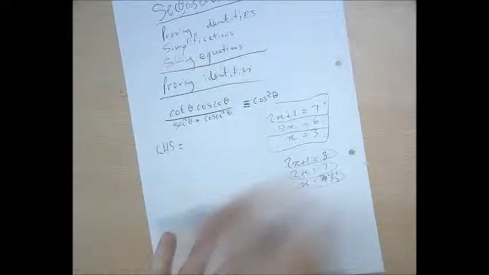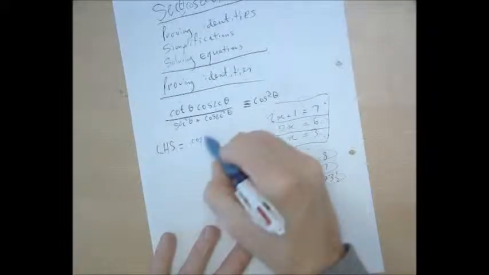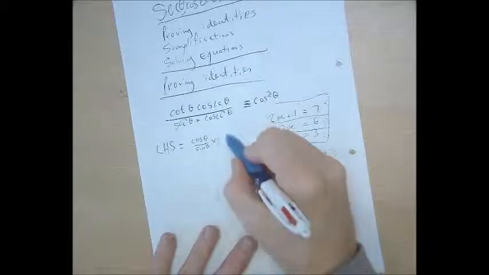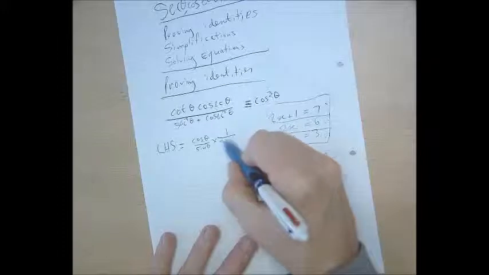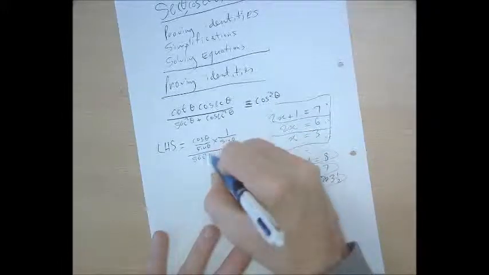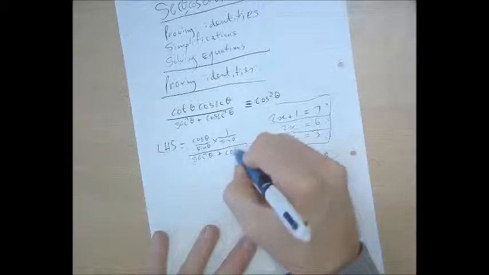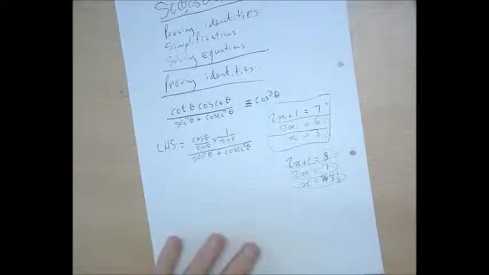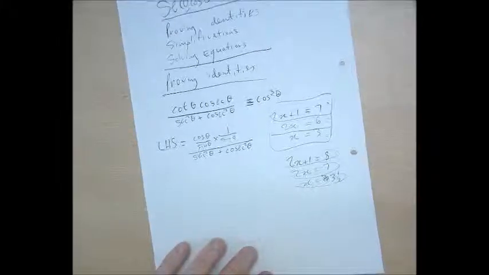Yeah? So cot theta is cos theta over sine theta. cosec theta is 1 over sine theta. Now I don't like crowding my brain out too much, so I'm a big fan of just wasting a bit of ink, copying out something until I'm ready to deal with it. Don't use dittos. Okay?